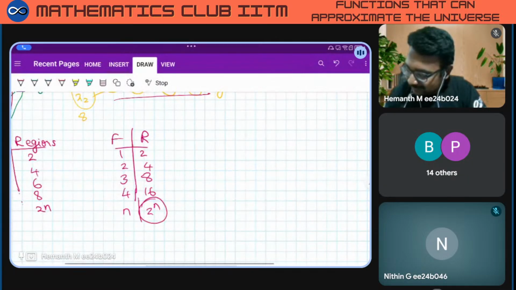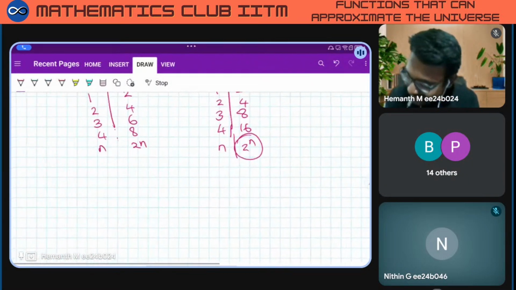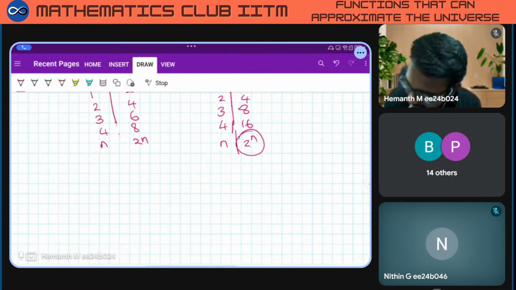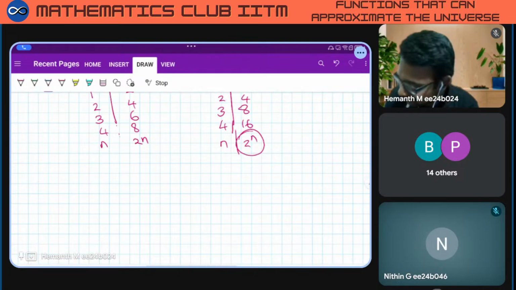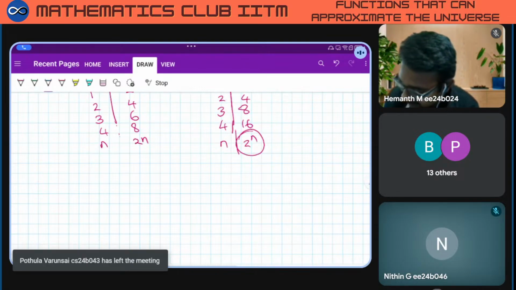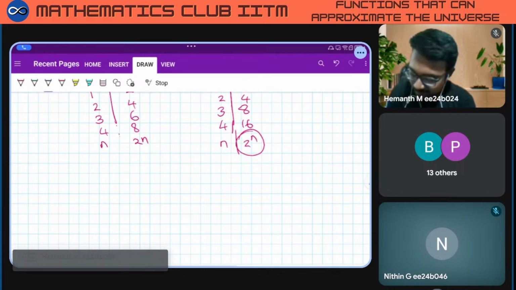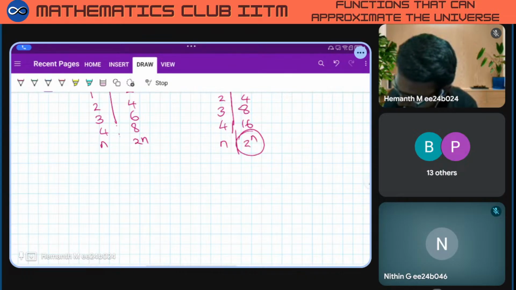I'll just draw a figure for you to visualize this. Say the input is some number x. Oh, one second. Just one second.